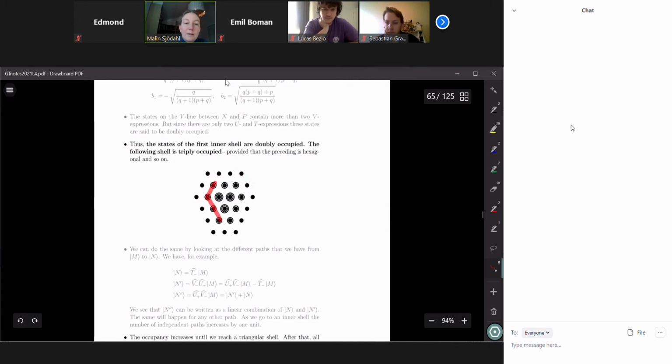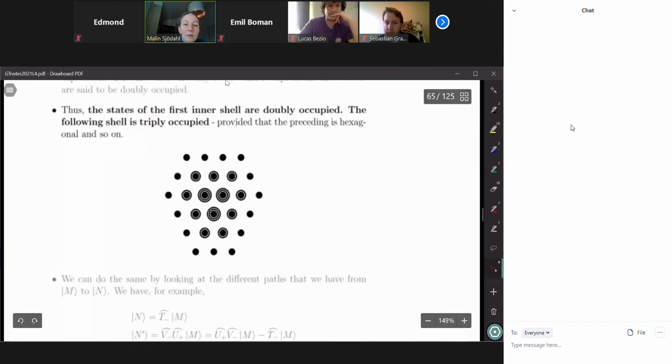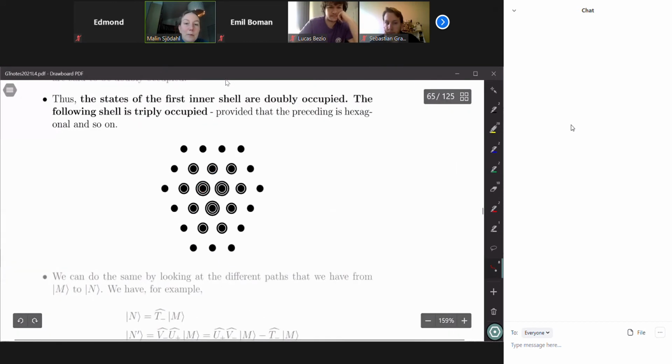The next shell is doubly occupied unless the previous shell was triangular. Here it's hexagonal, so the next shell, that is this shell, should be doubly occupied. And then when we move in, since we move in now from another hexagonal state, we increase the number of states in a certain position by 1 more. So we will have triply occupied states here.